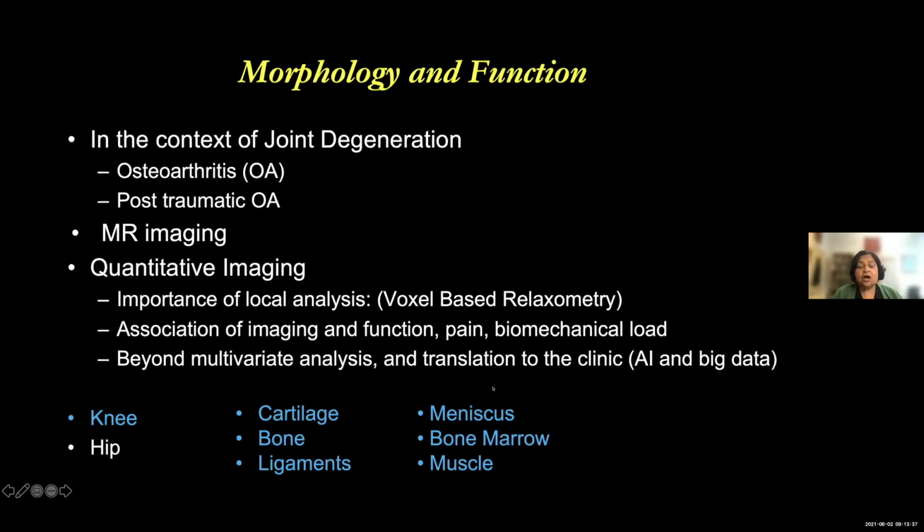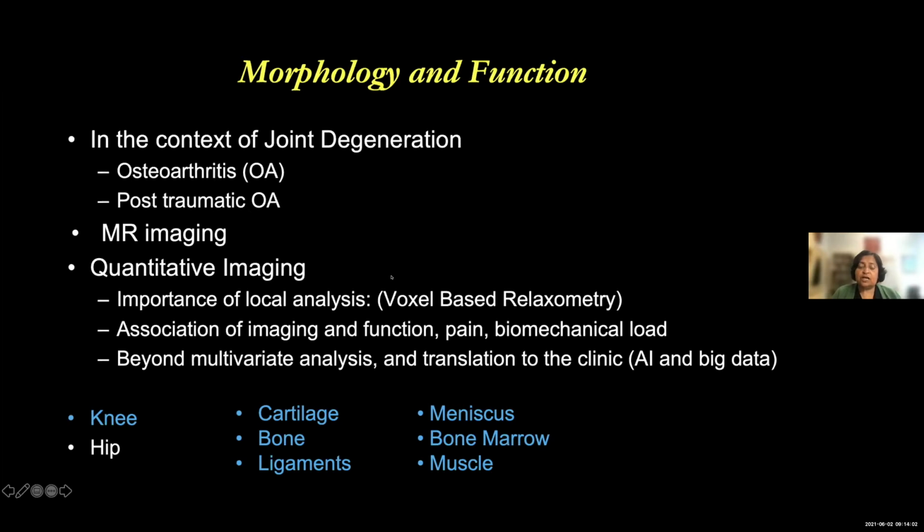In the context of joint degeneration, we've already talked about the different types of osteoarthritis that may be prevalent. Some of it may be age-related, some of it may be post-traumatic, but they're all joint degenerative changes. MR imaging provides excellent tissue contrast for all of the tissues involved, such as the cartilage, the ligament, the bones, the meniscus, the bone marrow, and even the muscle.